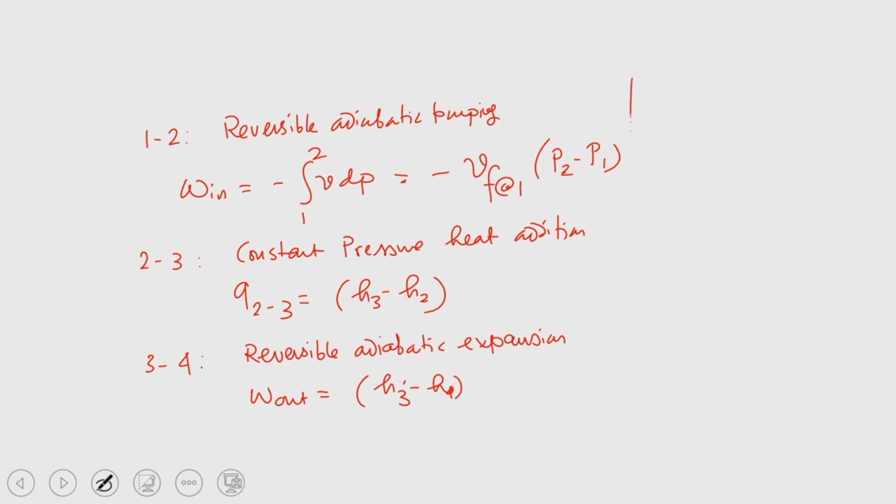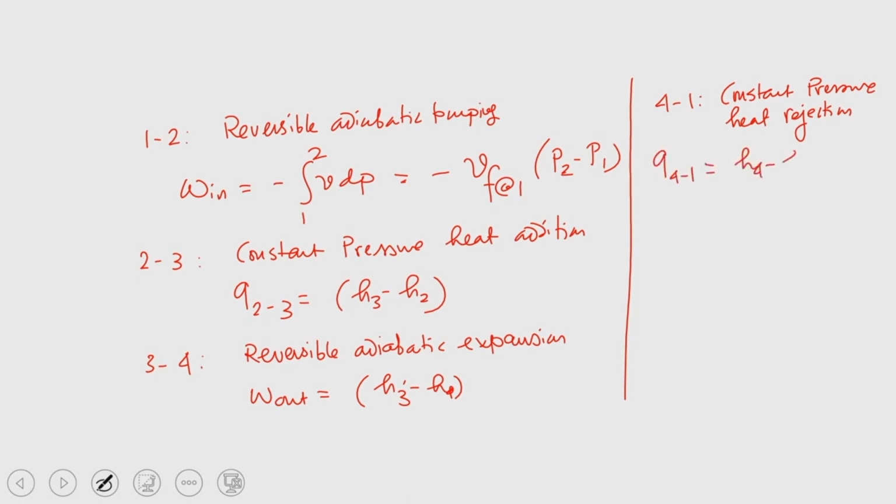And finally, the process is 4 to 1, constant pressure heat rejection. So, this is Q 4 1, that is H 4 minus H 1. So, negative, because it is the amount of heat which is rejected from the system.